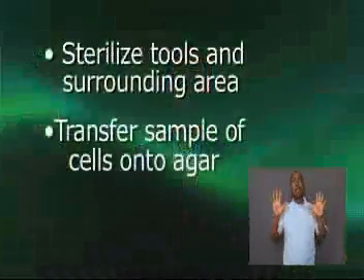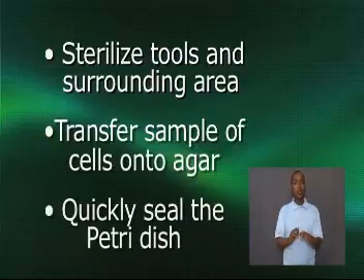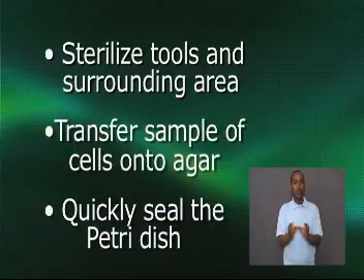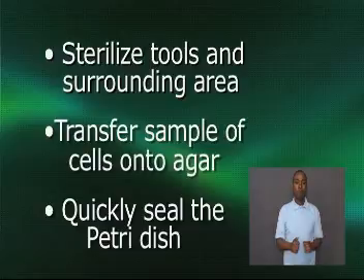It is important to work quickly and efficiently in this step because the microorganism is exposed to the air. The final step is to secure the lid of the Petri dish to prevent microorganisms from the air contaminating the culture or any of the organisms from within escaping.